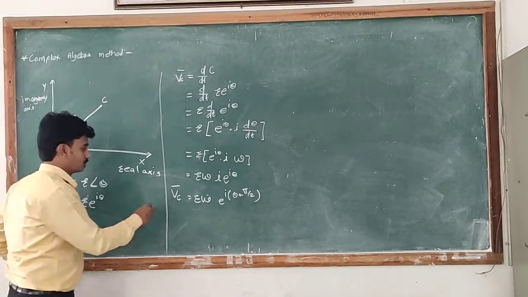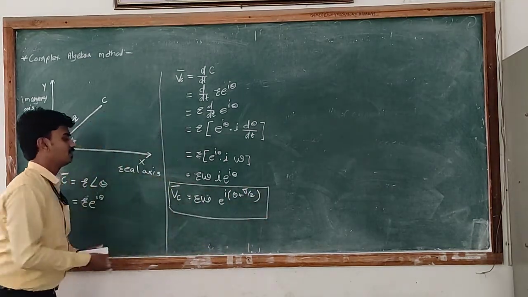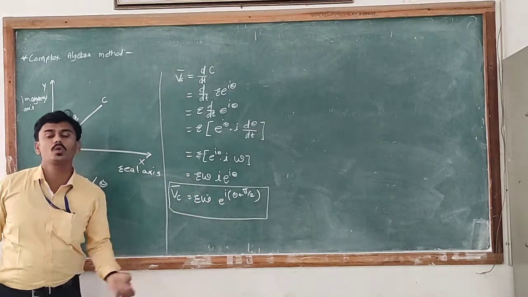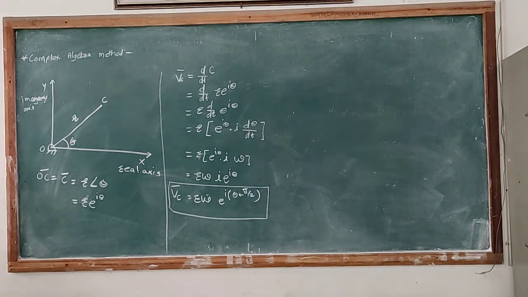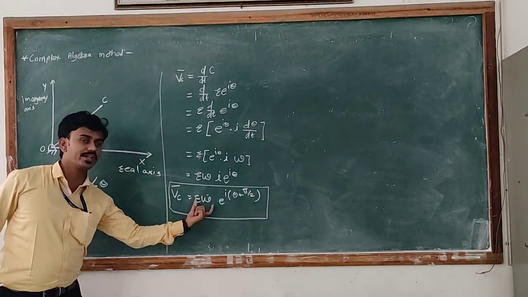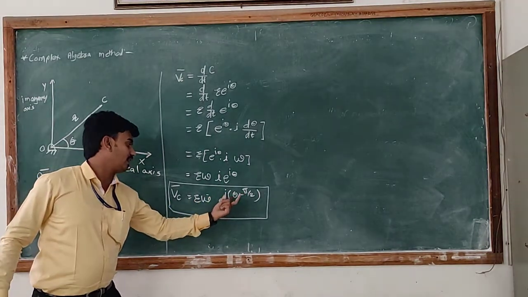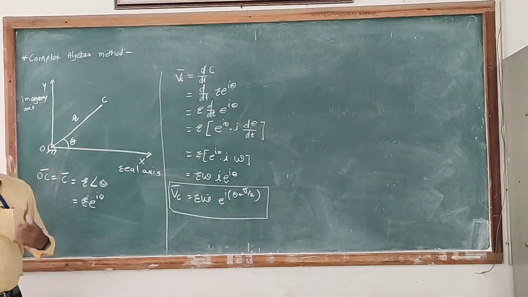Here R into omega is the magnitude of the velocity, and e raised to I into theta plus pi by 2 is the direction.